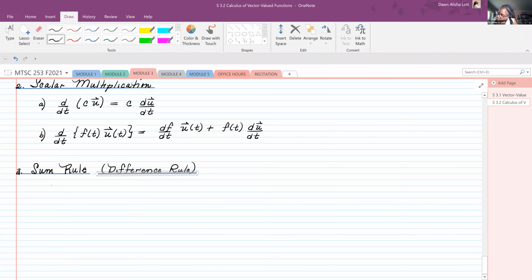So that is the derivative with respect to t of the vector u plus or minus the vector v. That is the same as the derivative of the vector u with respect to t plus or minus the derivative of the vector v with respect to t.